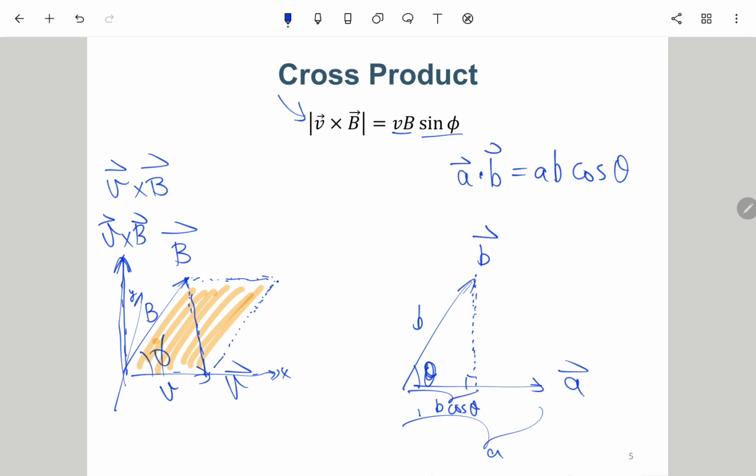This is the projection of vector B onto vector A, multiplied by the magnitude of vector A. Or if you like, you can also project A onto B, which gives A cosine of theta, multiplied by the magnitude of B. They are the same.